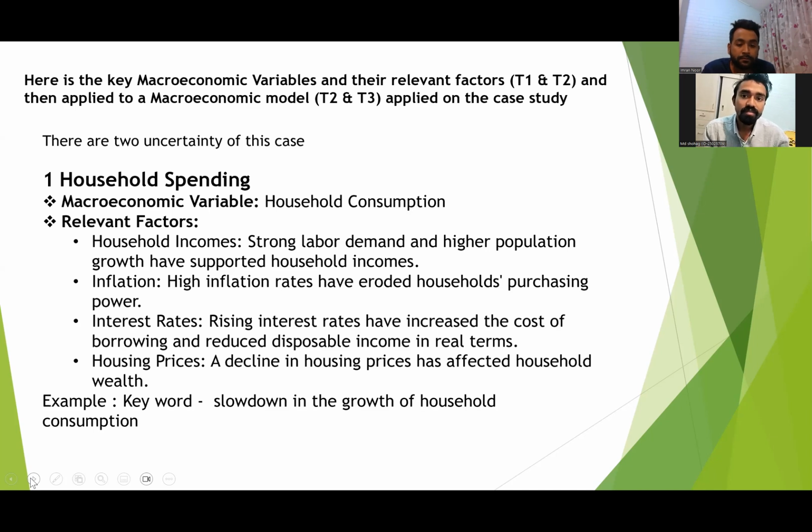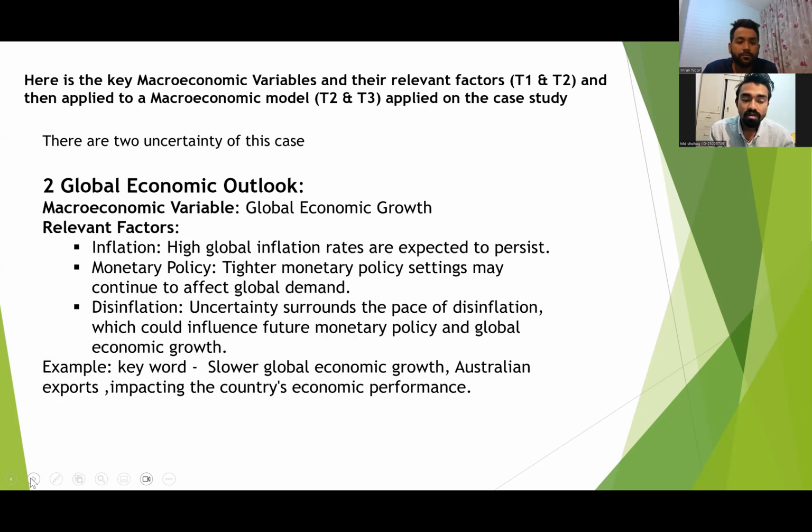A decline in housing prices has affected household wealth. For example, as a result of high inflation and rising interest rates, Australian households are cutting back on their discretionary spending. This has led to a slowdown in the growth of household consumption.